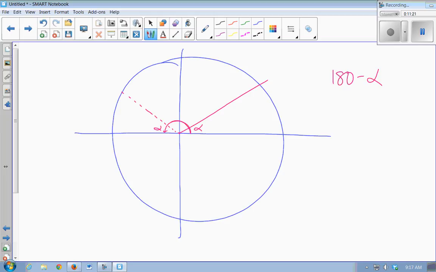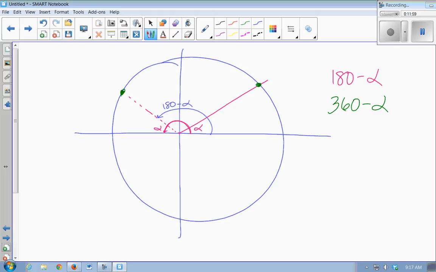So then I would do 180 and then go back by alpha. So this angle right here is 180 minus alpha. And then you might notice that when I drew it, I kind of drew this badly, but this point and this point are related geometrically in that they're reflections over the y-axis. So if you know the coordinates of this point, you can get the coordinates of this point by just making the x coordinate negative.